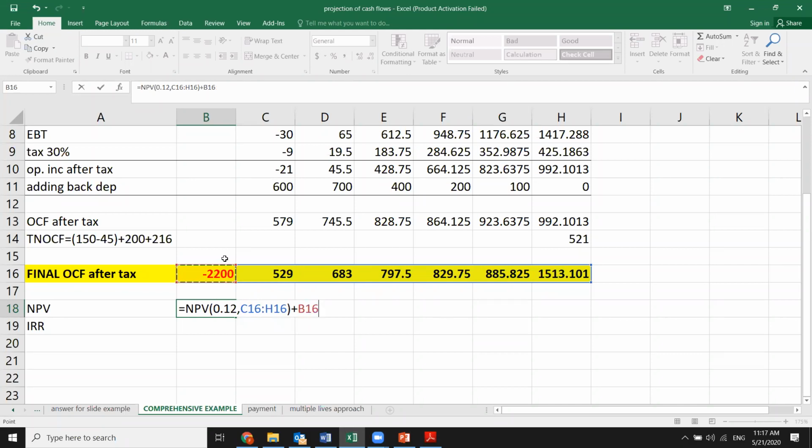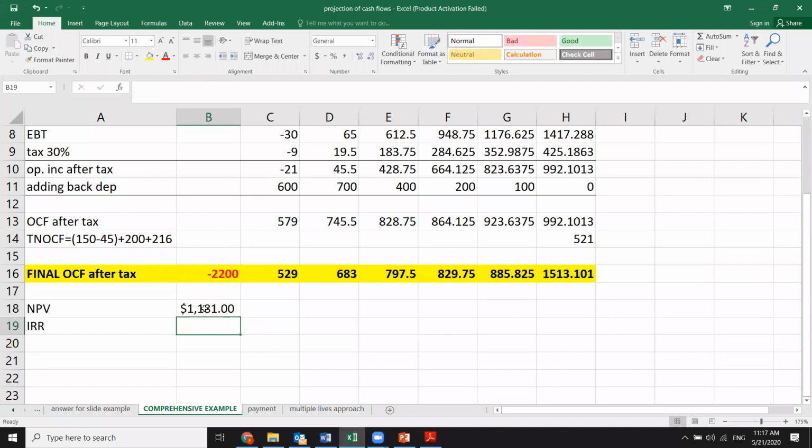Our investment cost we are subtracting. So our NPV is equal to 1 million, okay?